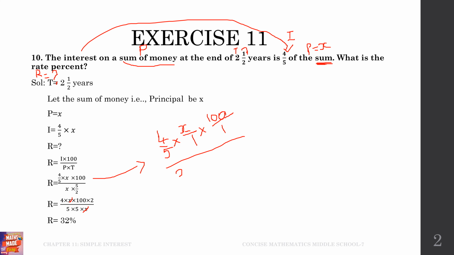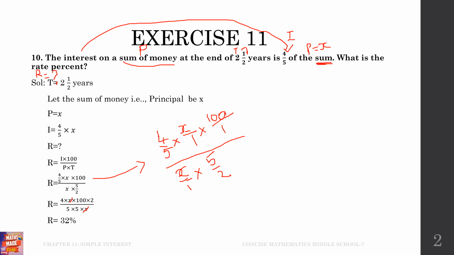Even here, x by 1. Even this x integer I am changing into a fraction because 5 by 4 and 5 by 2 are fractions. Now I have considered everything, numerator and denominator, as fractions.